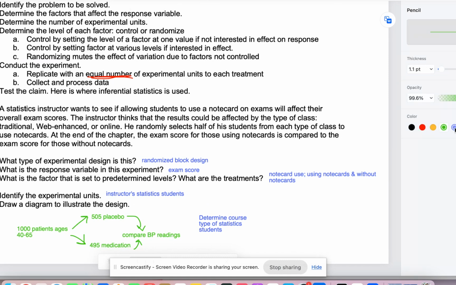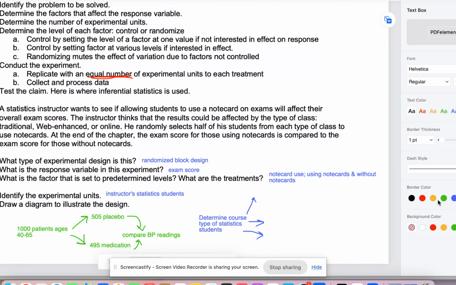So in this case, the course type, we have 3 choices. 1, 2, 3. And those choices are, oops, clicked on the wrong one there.